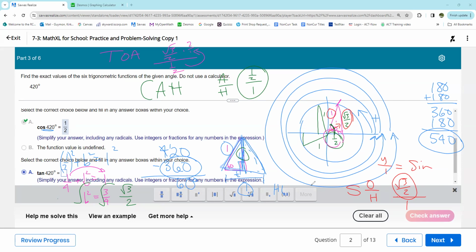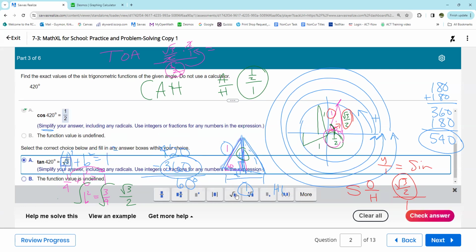So instead of 1 over 2, flip-flop, bring it to the top, it is 2 over 1. Those 2's will cancel and leave me with the square root of 3 for my tangent. So square root of 3 in here. There's my square root button right at the bottom. So my square root of 3.